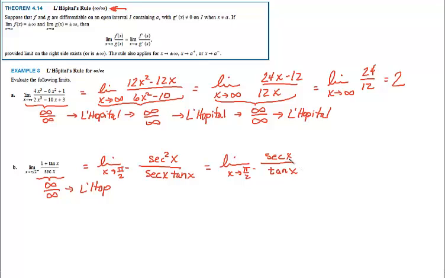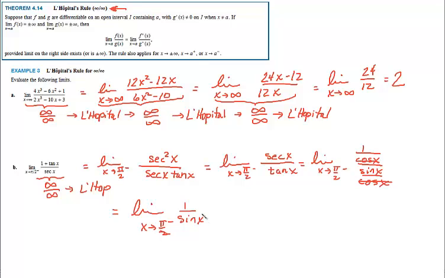And this simplifies because I will now have 1 over cosine x and sine over cosine, meaning these two cancel, leaving me with the limit as x goes to pi over 2 from the left of 1 over sine, which is then going to be 1. Nice.